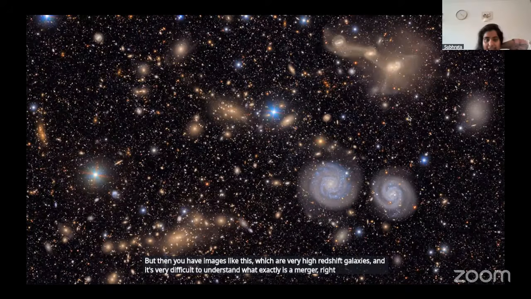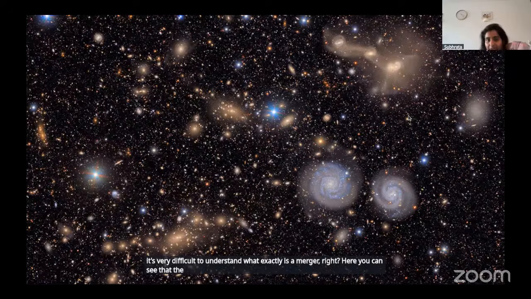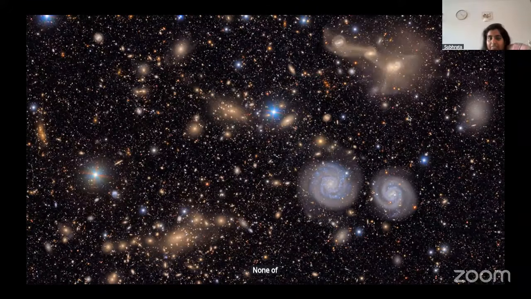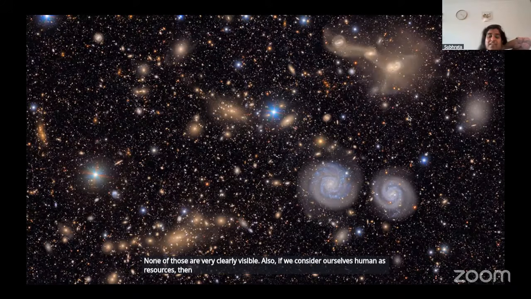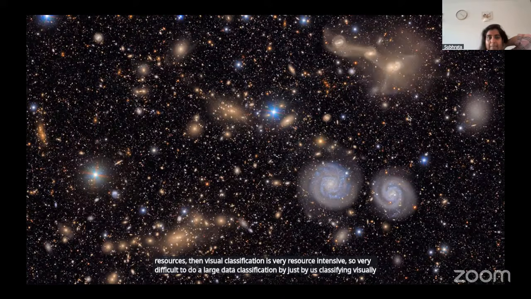Here you can see that the significant features of merger galaxies, such as tidal tails, plumes, or double nuclei, are not clearly visible. Also, if we consider humans as resources, visual classification is very resource intensive, so it is very difficult to classify large datasets just by visual inspection.